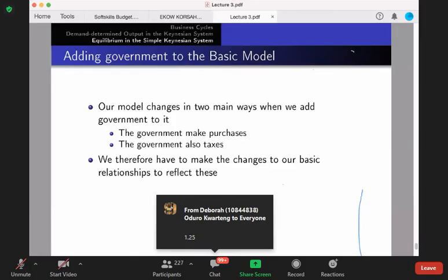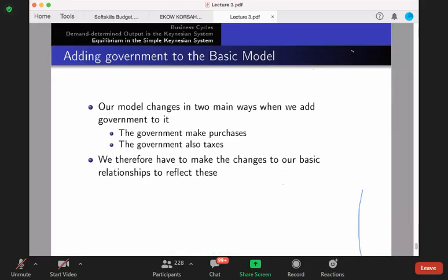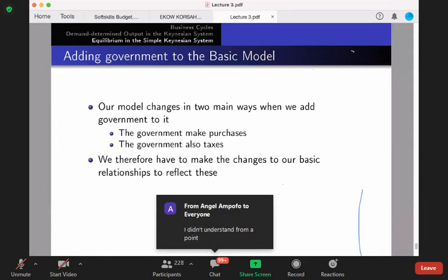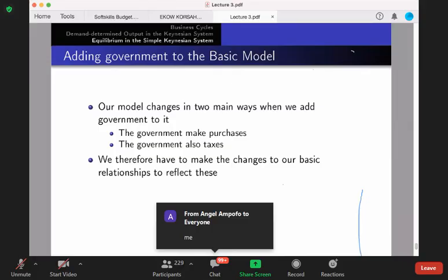We were calculating a multiplier. I mean, is it that some people don't know how to calculate it? If you had difficulties calculating it, please let me know. Exactly, Martha. Okay, let me allow you.